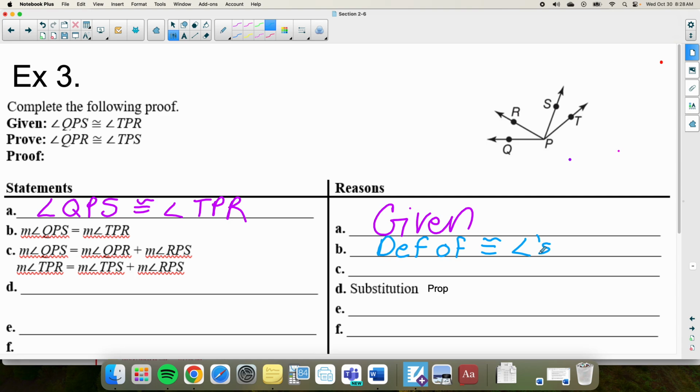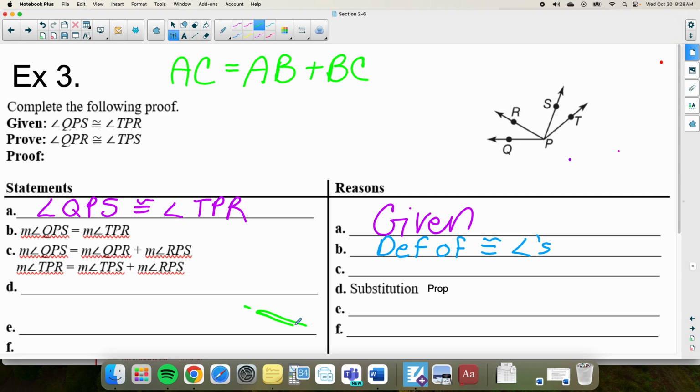Like I said, for some reason, their A, B, C, and D on the right doesn't quite match up with the left. Now, when we had segments, I was always telling you guys, if you saw two things added together to give you one, always look at the segments and see if they broke it into parts. Here, they have one angle equal to two added together, one angle equal to two added together.